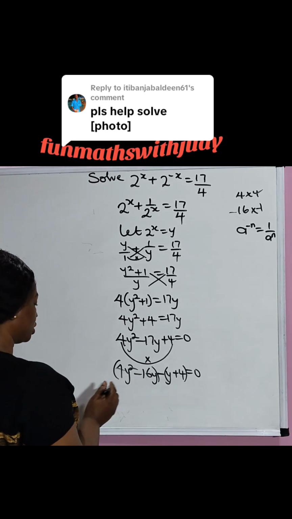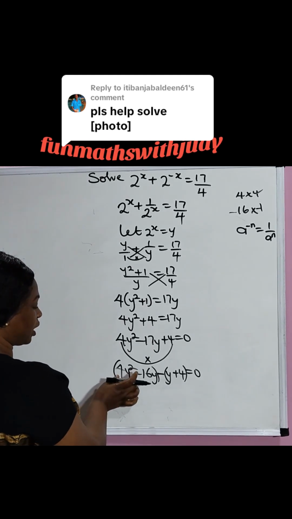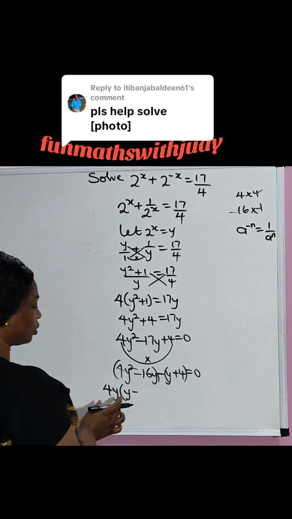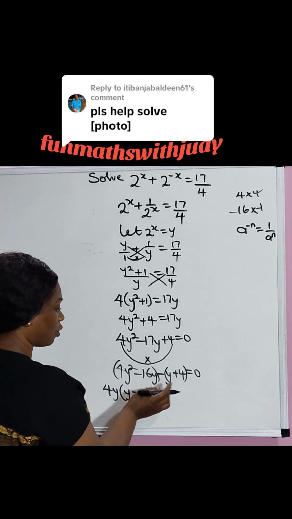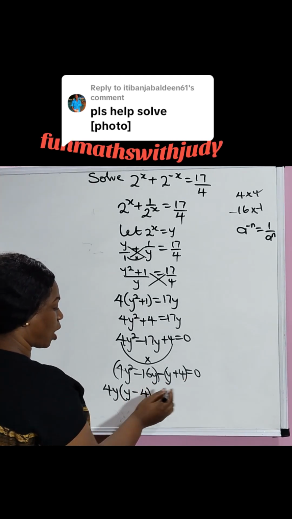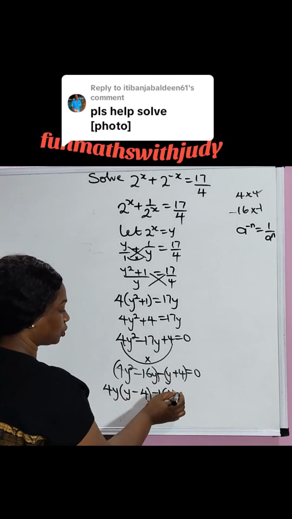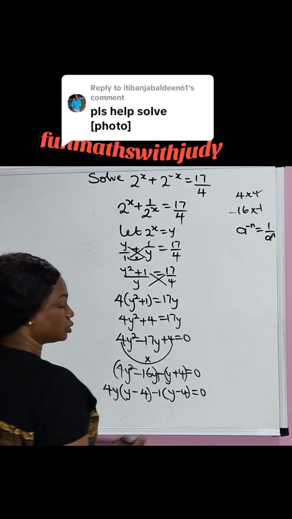What is common here? 4y is common. 4y divides into 4y square will have what? Y. Minus 4y into 16y will have what? 4. What is common here? 1. Minus 1 will give us y. Minus plus will give us minus 4 equal to 0.